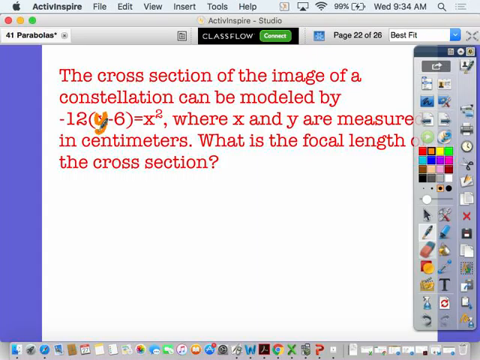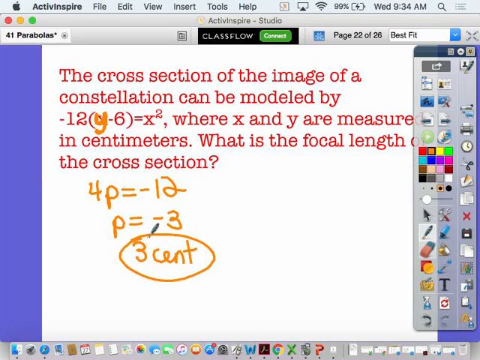So to find the focal length, you have to do what? Divide negative 12 by 4, because this is the 4p in your general form. So p equals negative 3. Now let's be real here, it would just be a positive 3 centimeters because we're talking about length. You can't have a negative side length.